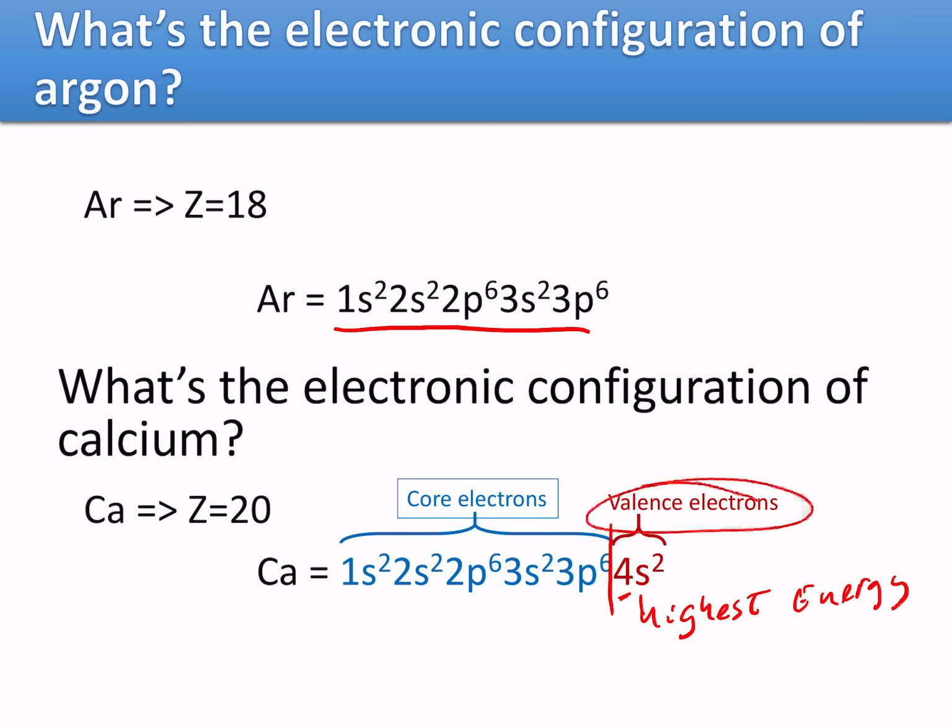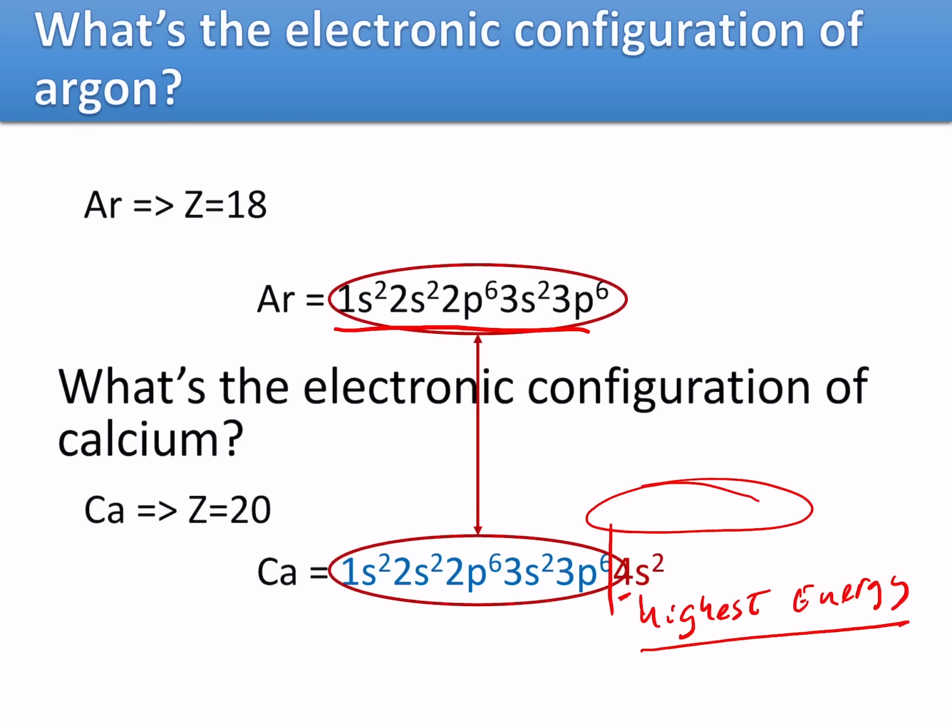Okay, and there might be a little difference there for transition metals. Transition metals are a kind of special case, but for the most part, the highest energy level contains the valence electrons, and anything below is considered a core electron. And that whole configuration of the core electrons, usually we represent it as a configuration of a noble gas.